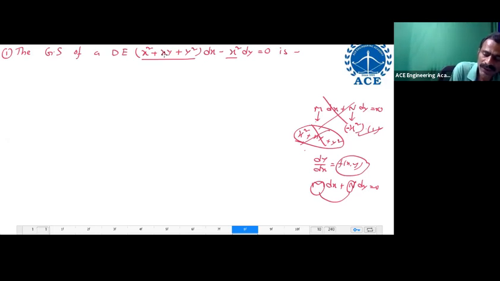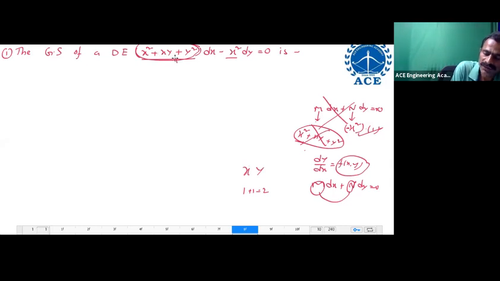Whenever we have a product of variables like xy, we have to observe the sum of their powers. The power of x is 1, power of y is 1. The sum of the powers of these two is 1 plus 1 equal to 2. In x square plus xy plus y square, in every term, the sum of the powers of the variables is same.